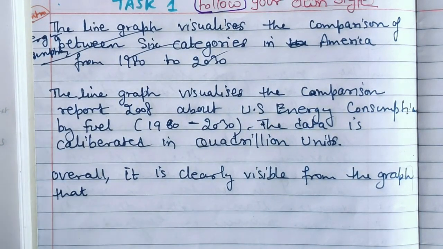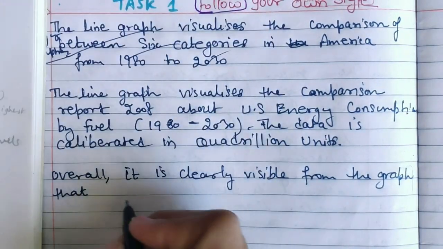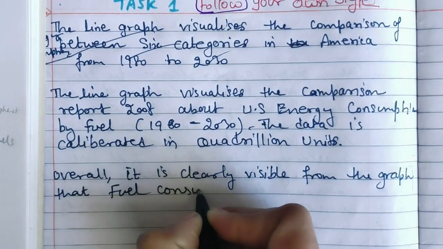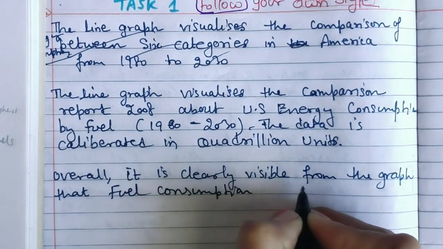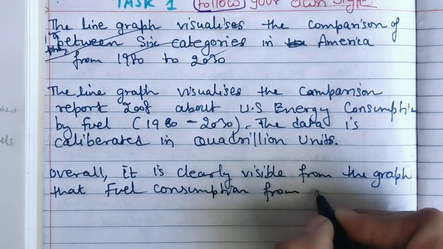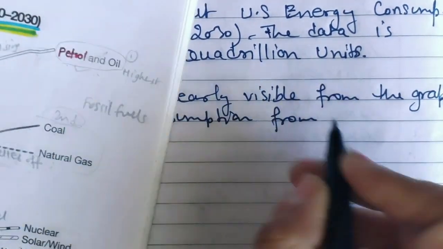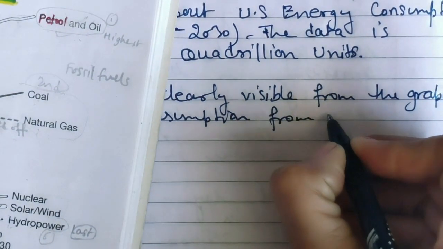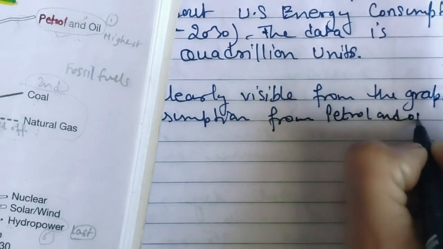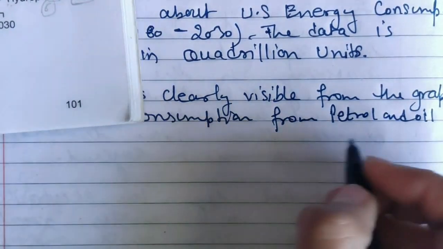So from the graph, fuel consumption from petrol and oil. We will be discussing the first highest, petrol and oil. If you want, you can change this word also.